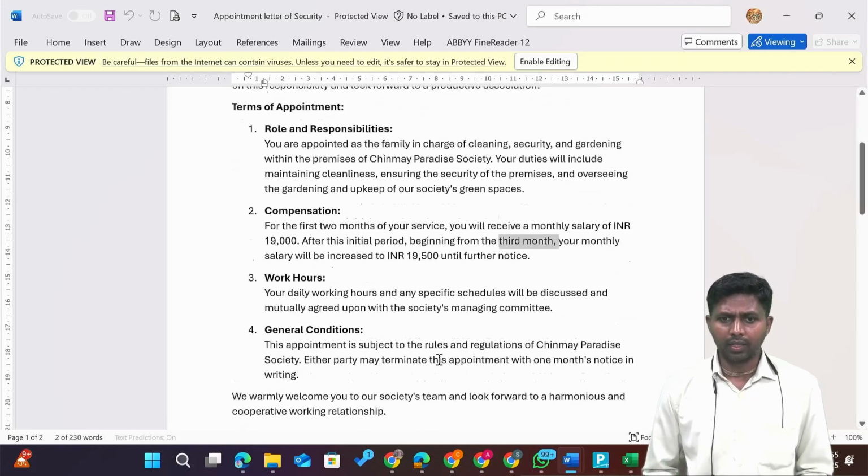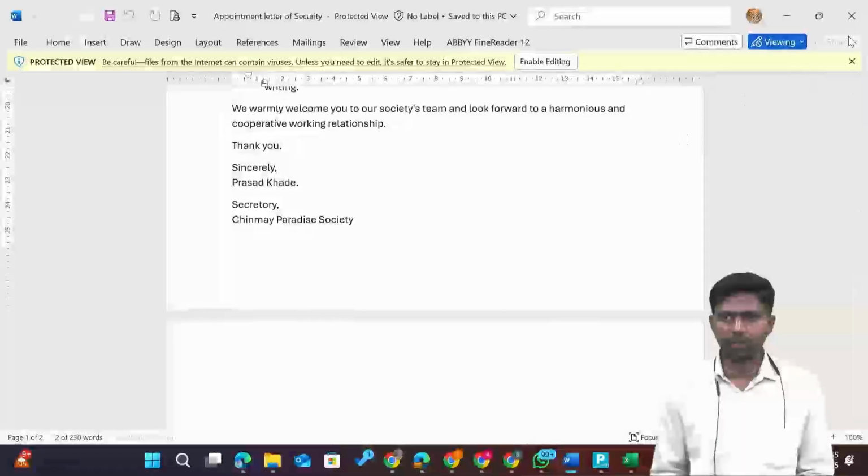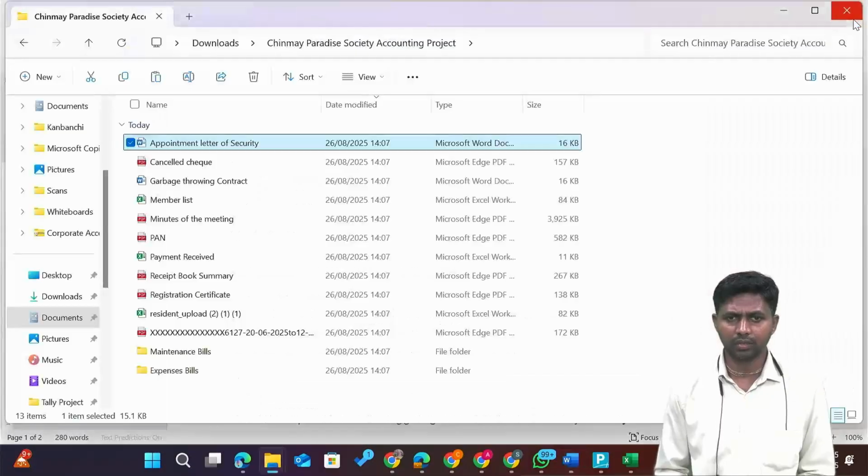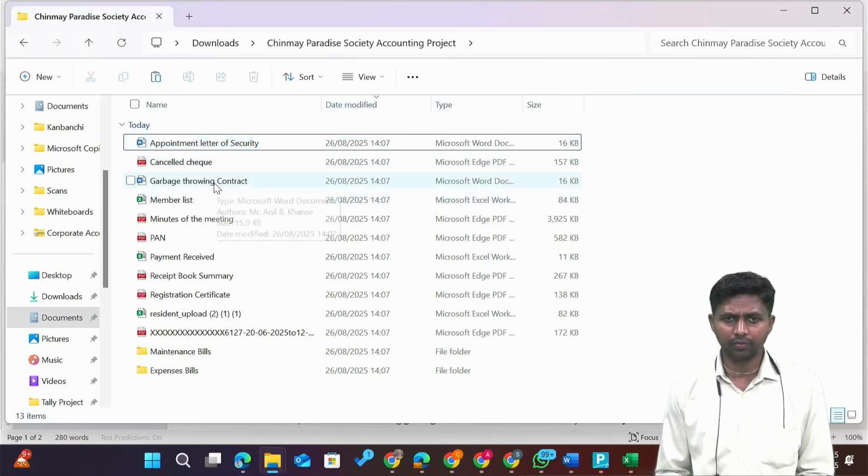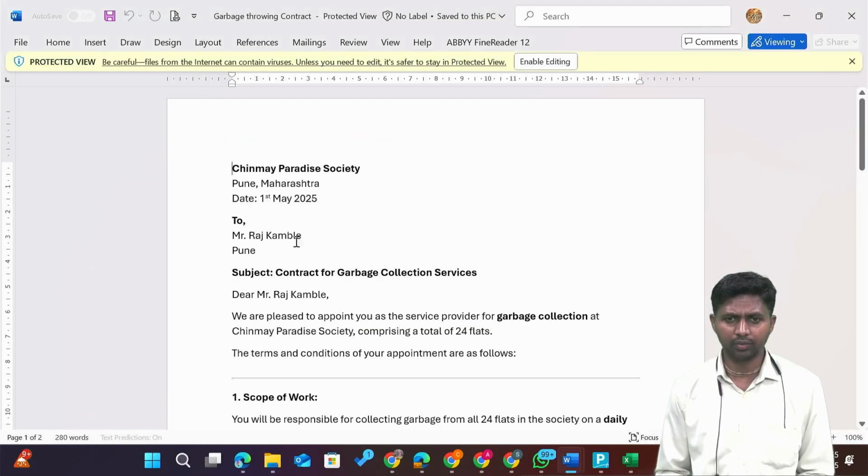Okay, and then other things, general provisions, general things only. Then after that, the garbage contract. Just remember 19,000 for the first 2 months, and then 19,500.